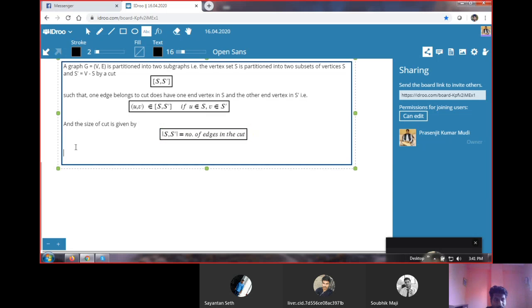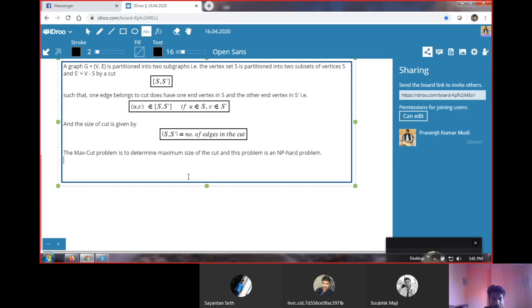Our goal in the max cut problem is to determine the maximum size of the cut. This is an NP-hard problem, not NP-complete but NP-hard.